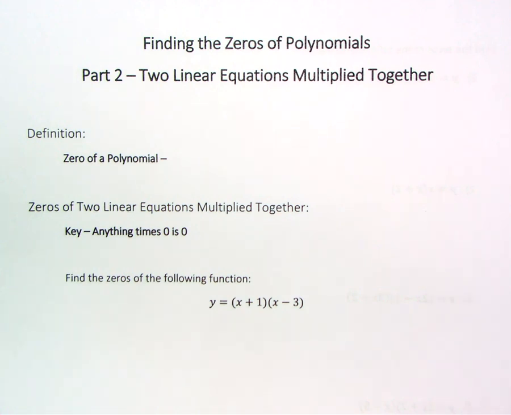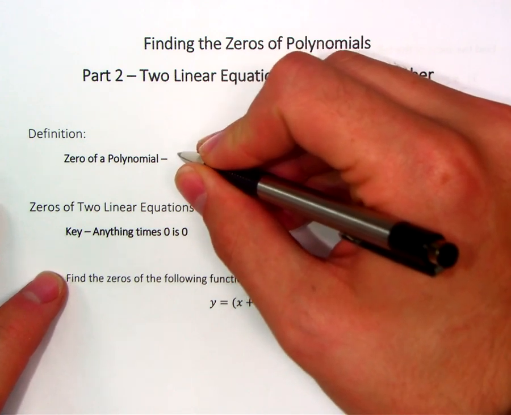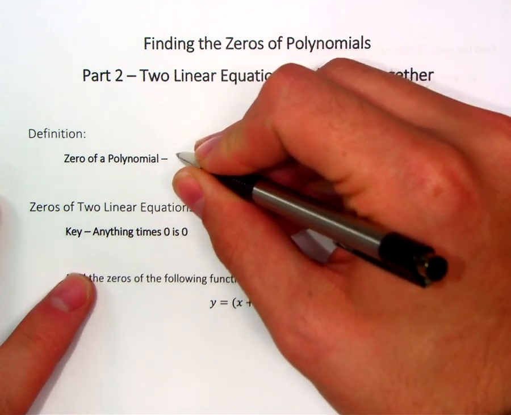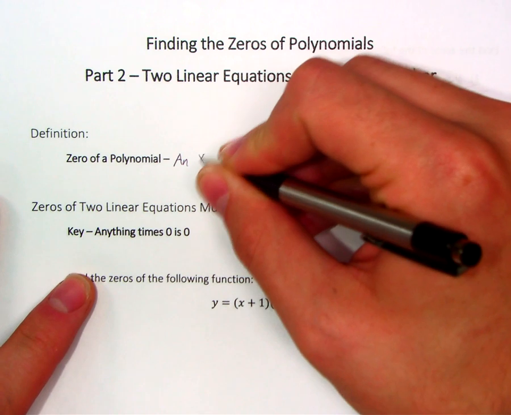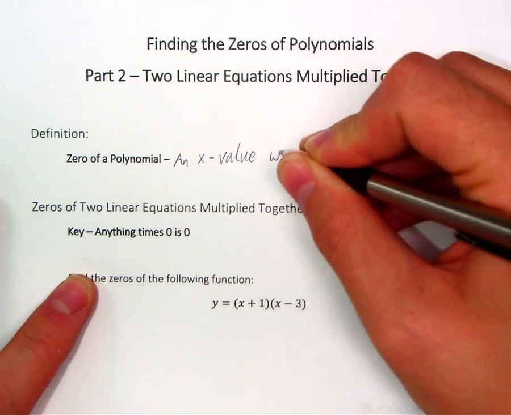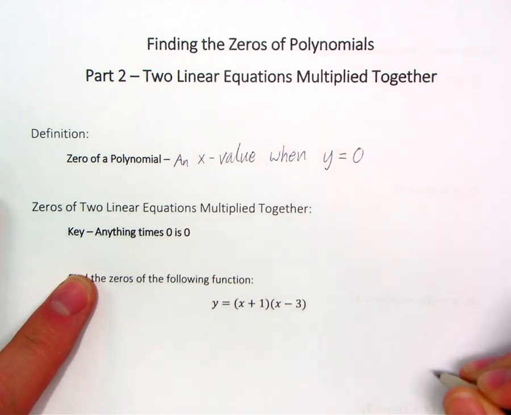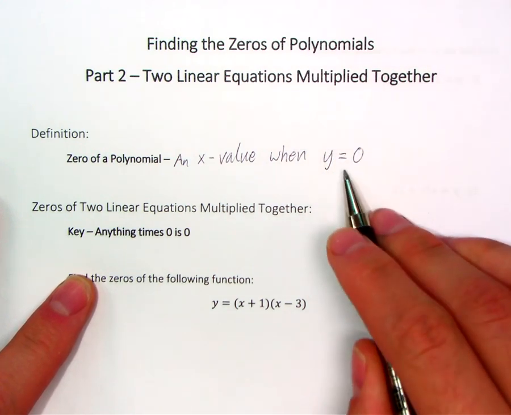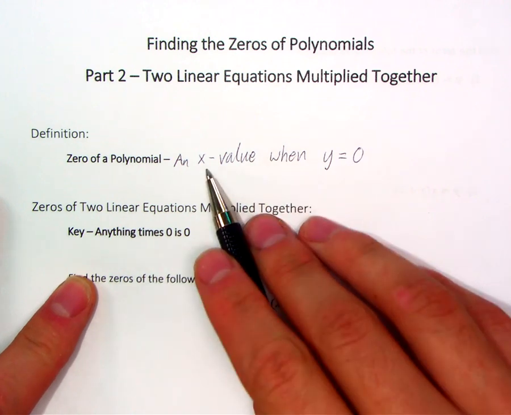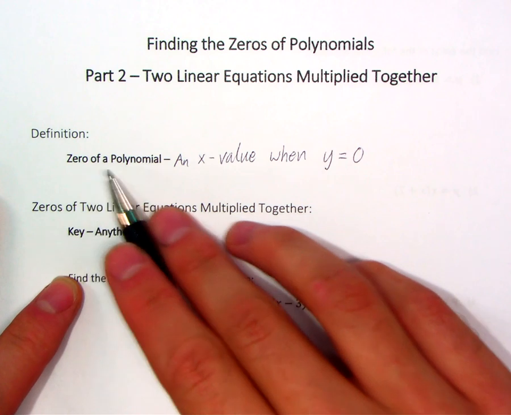So let's remind ourselves, what is a zero of a polynomial from last video? A zero of a polynomial is an x value when y is equal to 0. When y equals 0, x has to equal something. Whatever it equals, that's a zero of the polynomial.